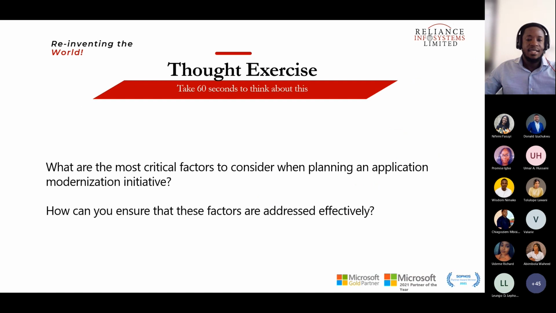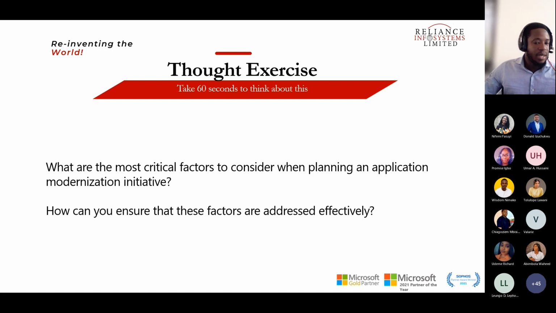So let's take 60 seconds to think about these questions. What are the most critical factors to consider when planning an application modernization initiative? And how can you ensure that these factors are addressed effectively? While you're at it, I would also drop another poll question just to gather your feedback on what we've covered so far.